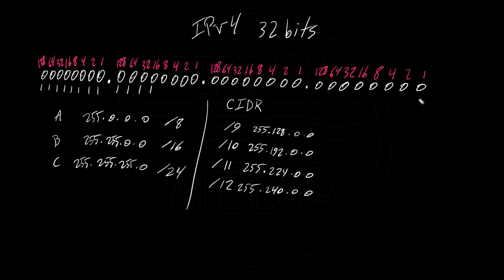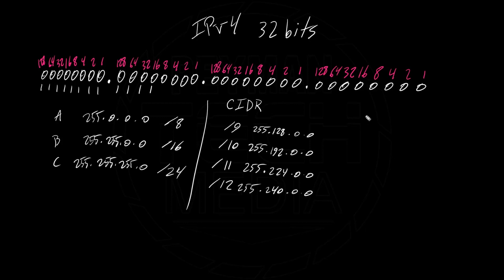In textbooks, authors refer to this as borrowing bits from the host bits and turning them into network bits. These are our network bits, these are the borrowed bits, our subnet bits, and the rest of the zeros are host bits. Okay, so let's go over this table.